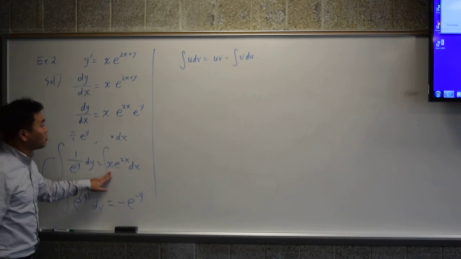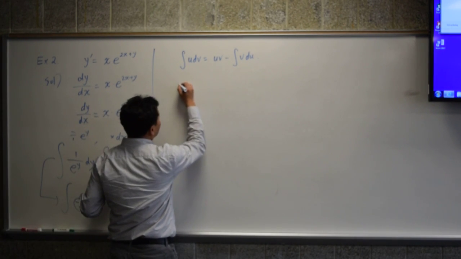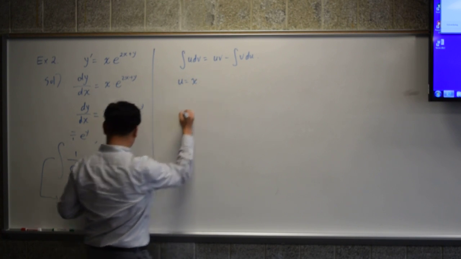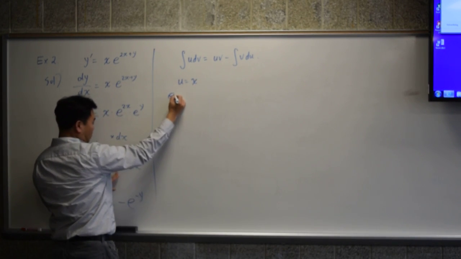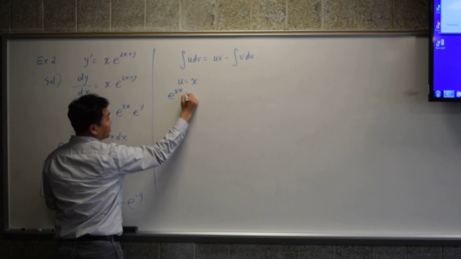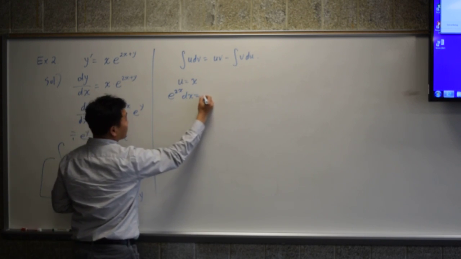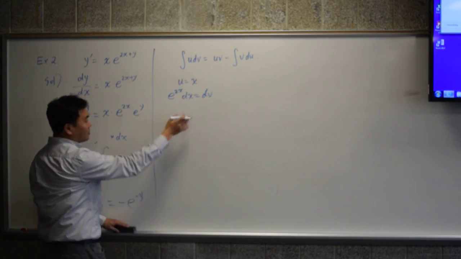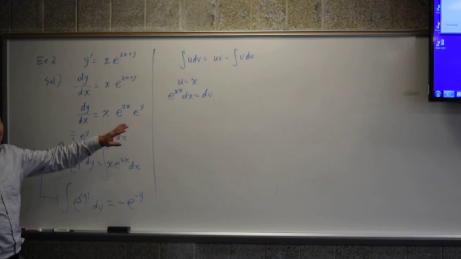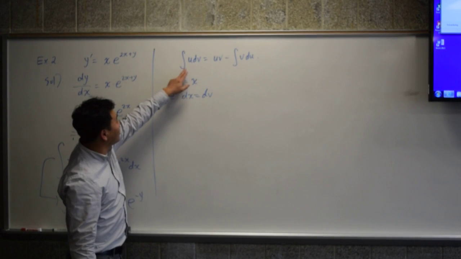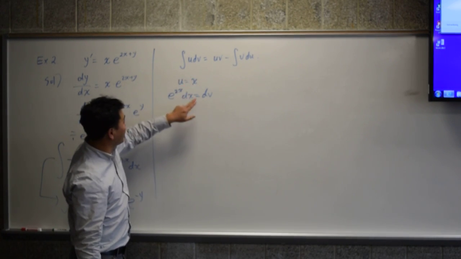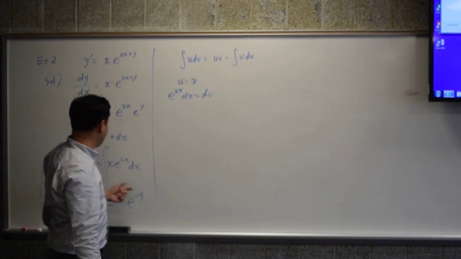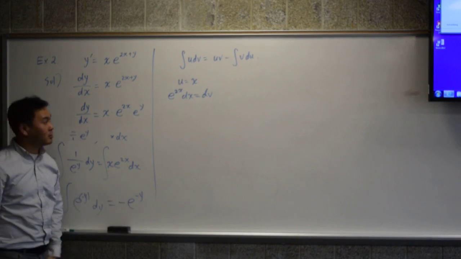And here I'm trying to think of u as x and e to the 2x dx as dv. I should have said dv is that. You know what I mean. So if you set x to be u and this thing as dv, then it's exactly this one.